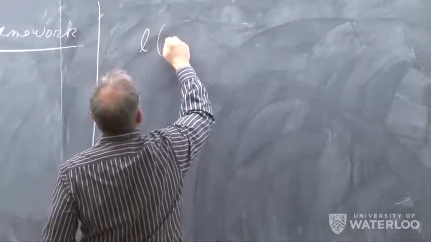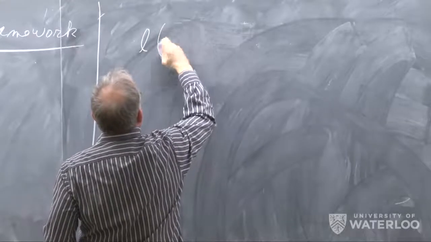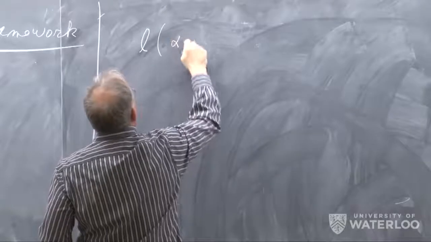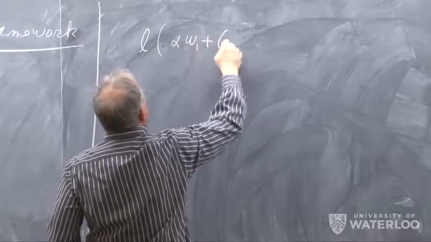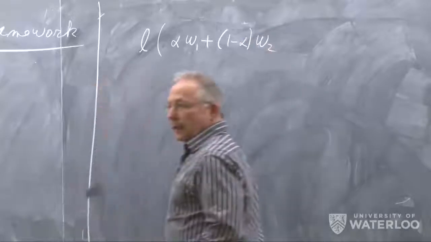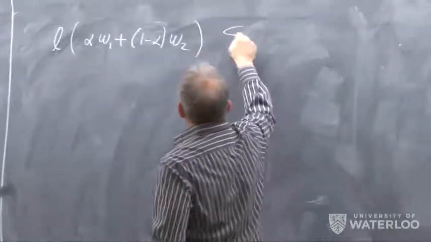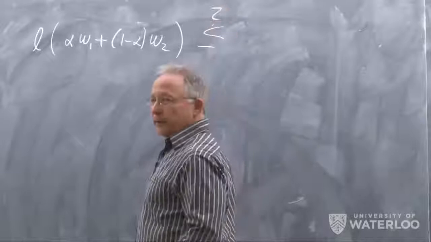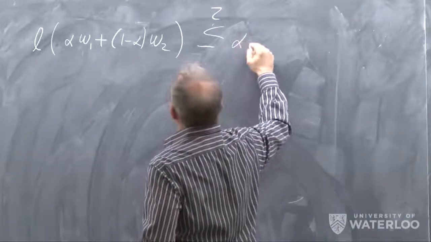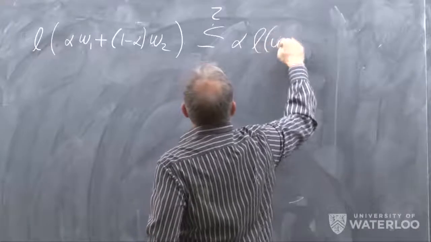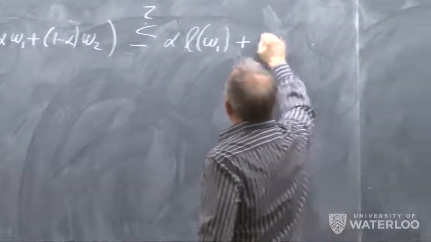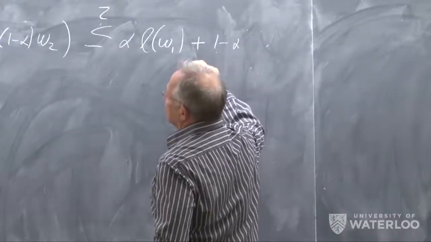We want to check if the loss of alpha times W1 plus 1 minus alpha times W2 is less or equal to alpha times the loss of W1 plus 1 minus alpha times the loss of W2.